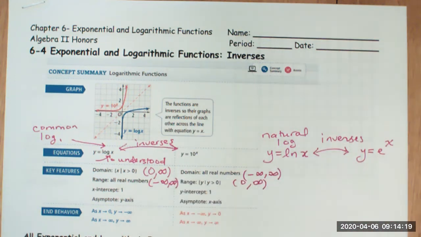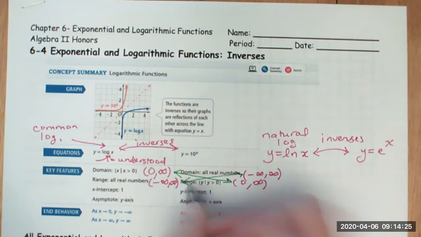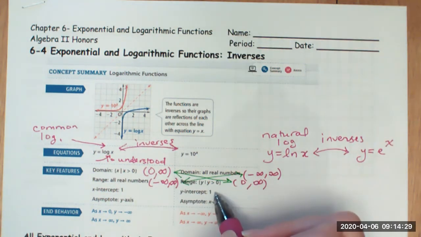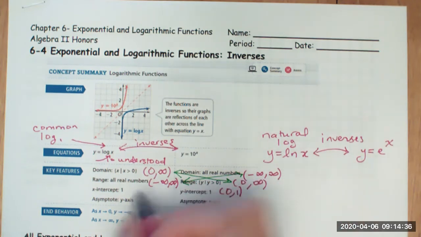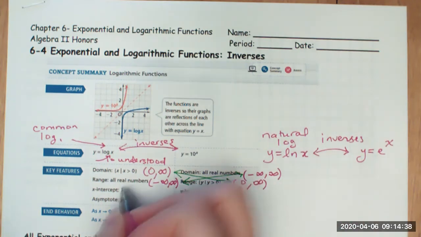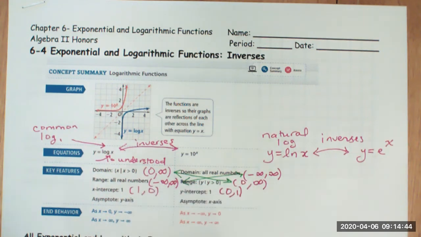So when you're looking at log functions, it's reversing, just like you're reversing x and y's. And similarly, remember with exponential functions, the y-intercept for the parent functions was 0, 1. And of course, what's going to happen here is going to switch that, so the parent function for logs is going to have an x-intercept of 1, which is an exponent of 0, the y values.